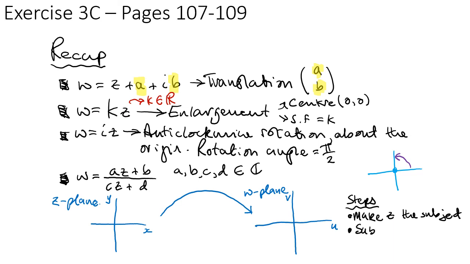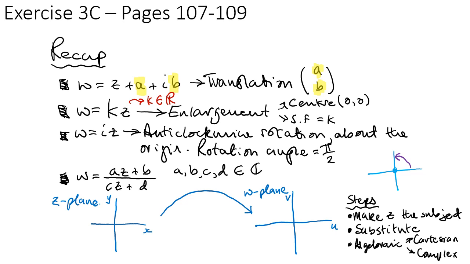So step 2 would be substitute, and the rest is all algebraic to find out either what the Cartesian equation is of our transformed line or circle, whatever it is, or it may be a complex equation that we recognize.